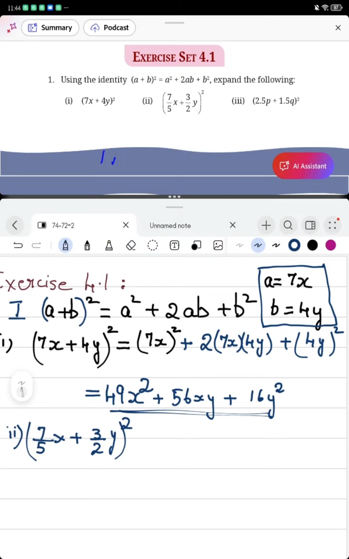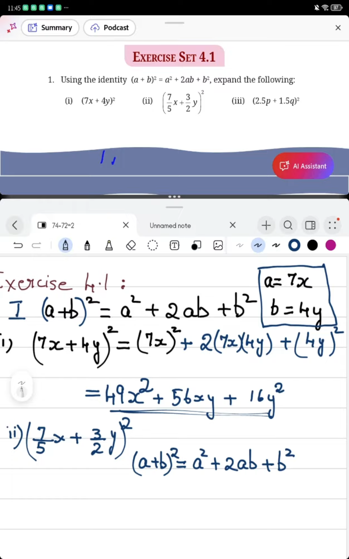Okay, so now let's apply the identity. When you get these questions in exam, it is better you write the identity once, a plus b whole square, whichever identity you are applying, even if it is given in the question. Now when you're practicing, it is a must you write it.